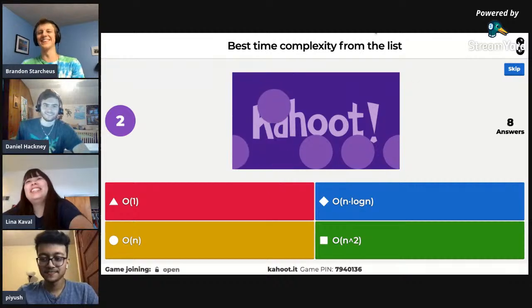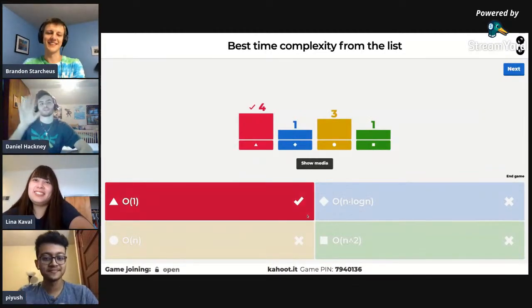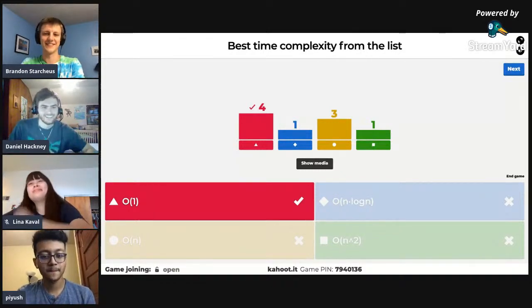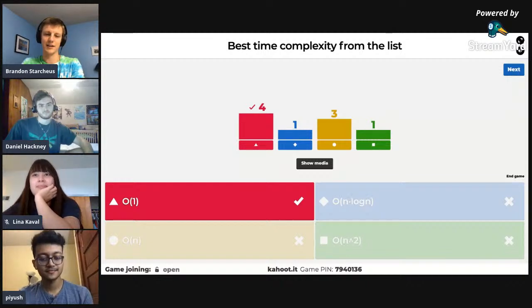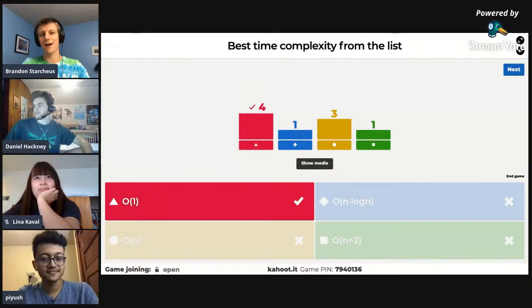From this set of them. Okay, I get it. So that's constant time. The yellow one's linear time. N log n, n squared. So constant is the best, because no matter what the input, the time complexity never increases.